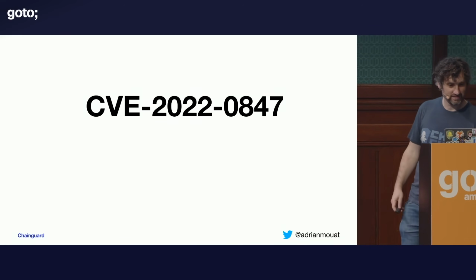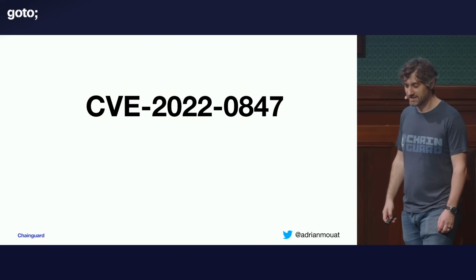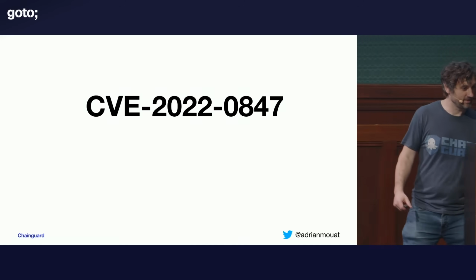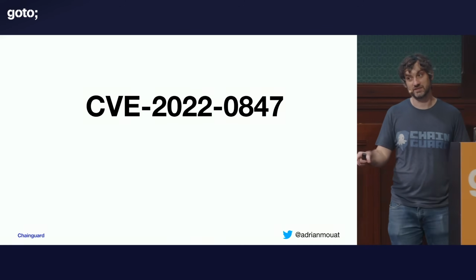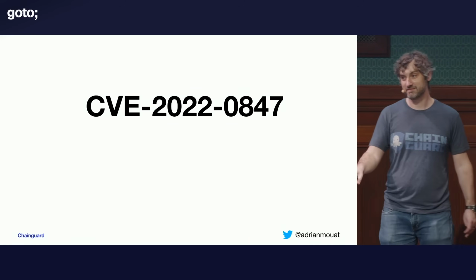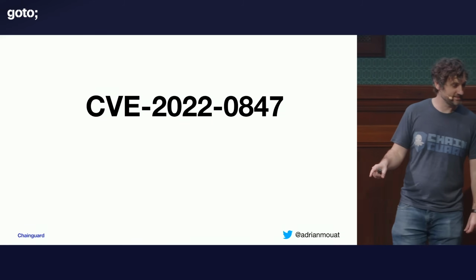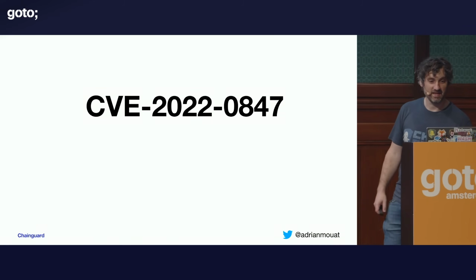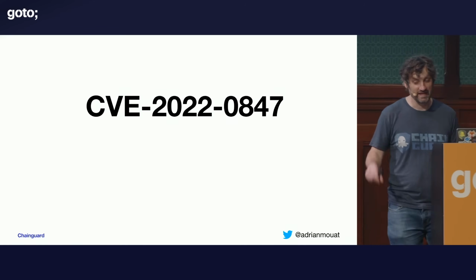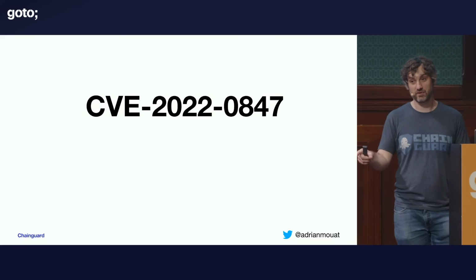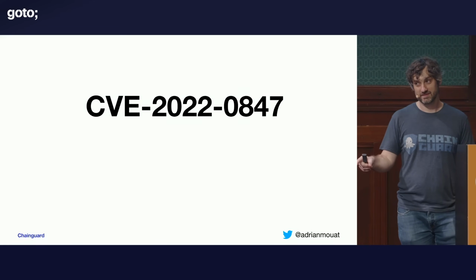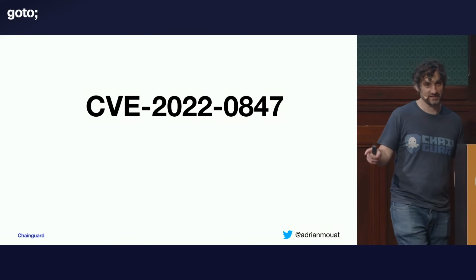Okay, next one. Is this one Log4j? I got 2. I don't think this one is Log4j, because Log4j was earlier. But good guess. Any other guesses? Yeah, this is actually one that was important enough to get its own name. It was just last year.